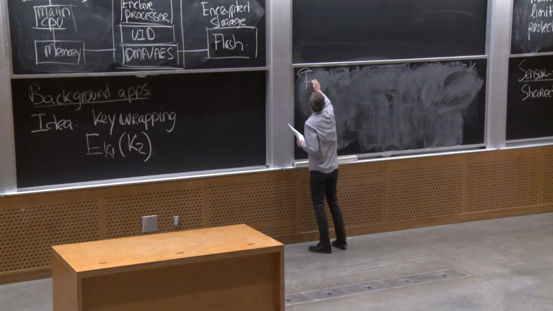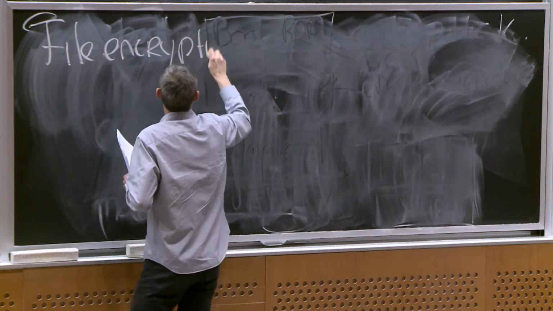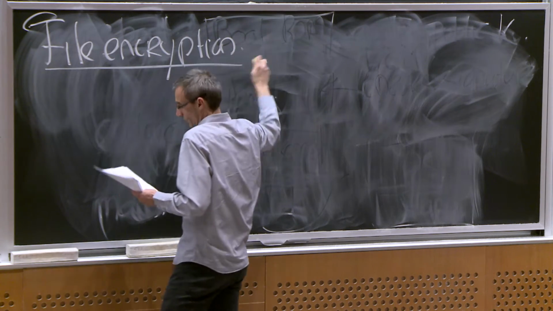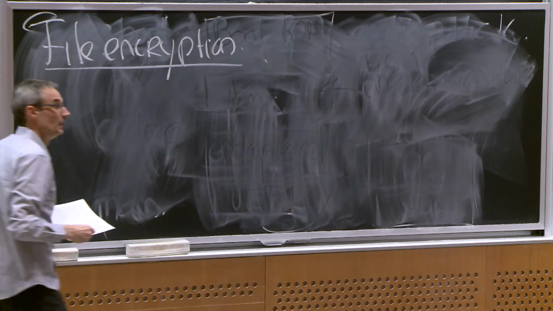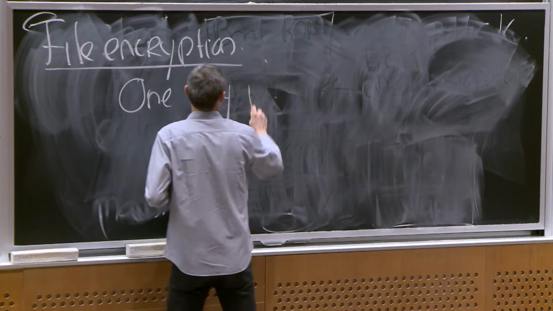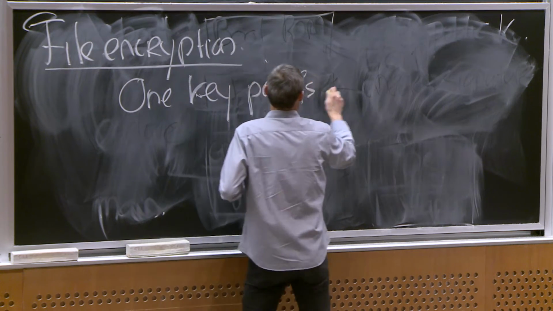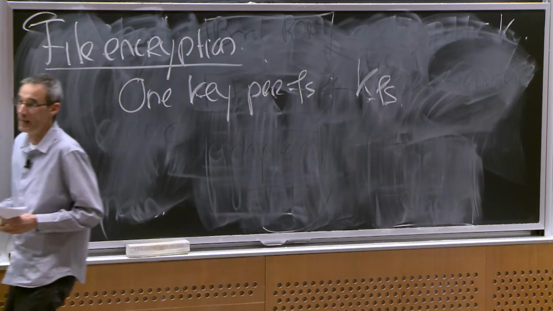So the topic here is file encryption. The first thing they do is that there's a top-level key, if you will, one key per file system, KFS, I think, in the document. And this is the basic key.